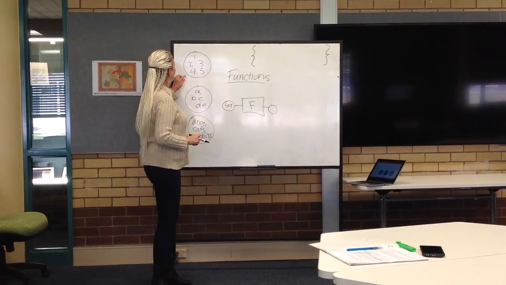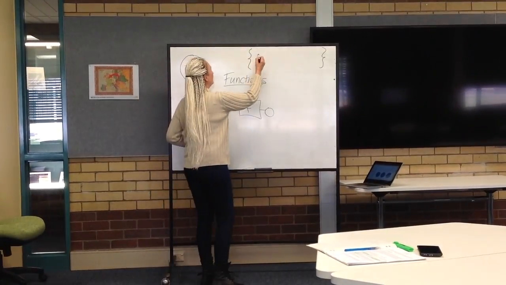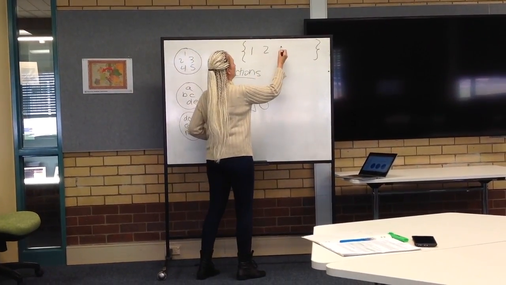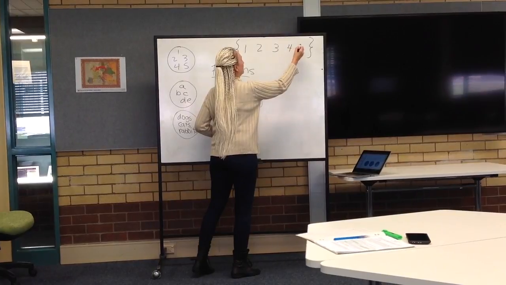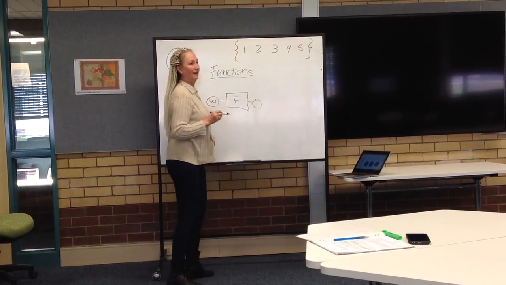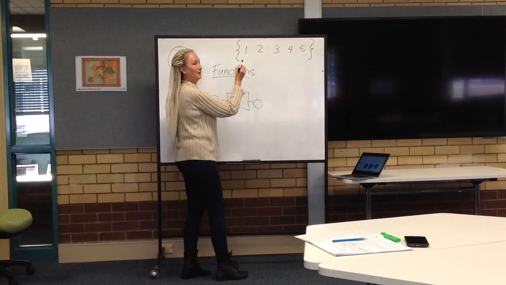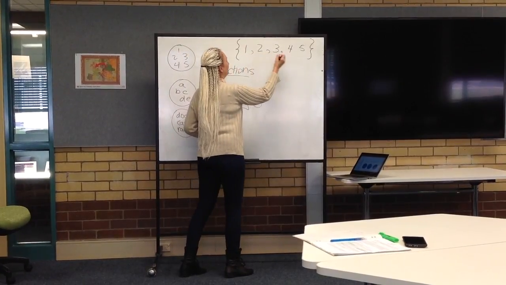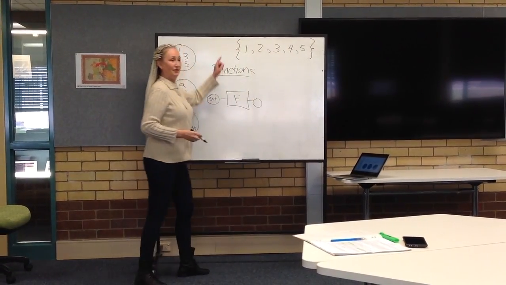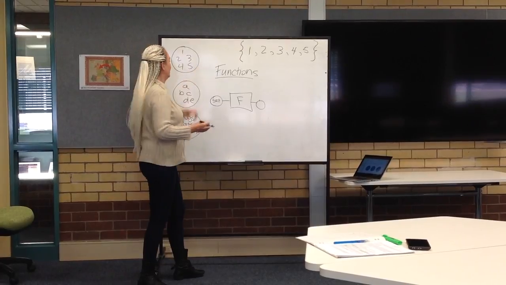Brackets. Okay. And if I put, let's say, the numbers into brackets, and then what do I need to do? Commas. Good. That is a set of numbers. Okay?